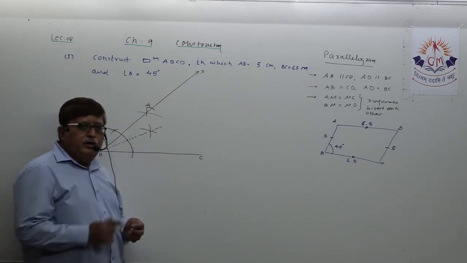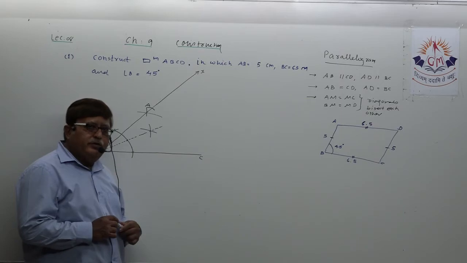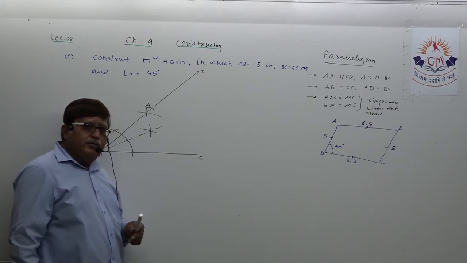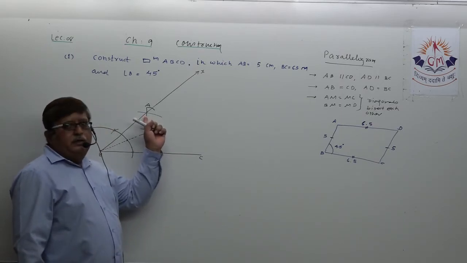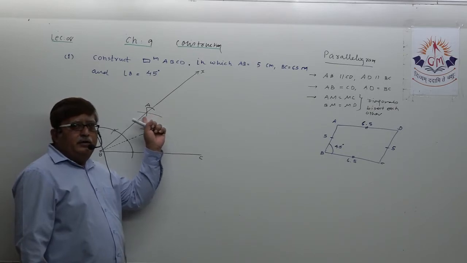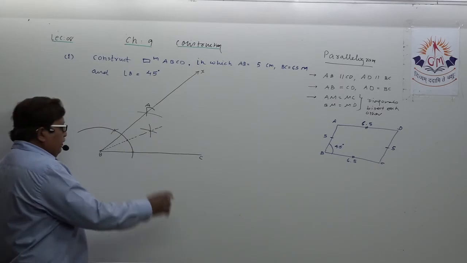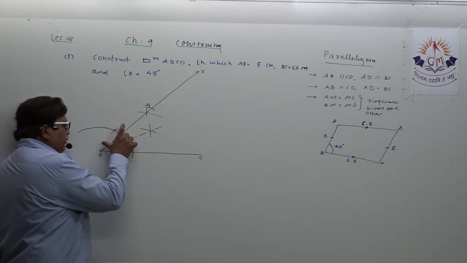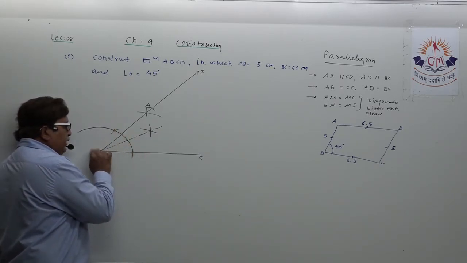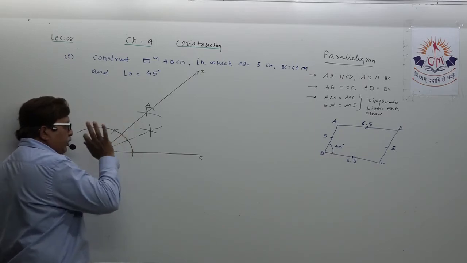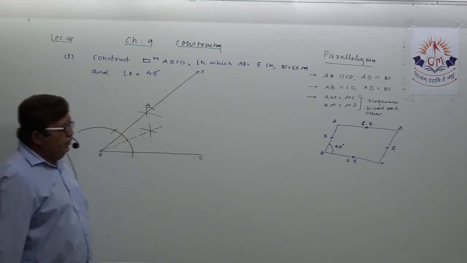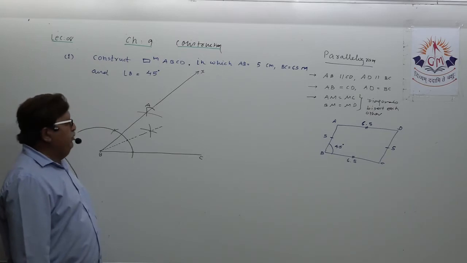Be extremely precise when you take measurements. Take a radius of 5 centimeter, centering the compass at B, draw an arc to cut. Okay, so we got it.